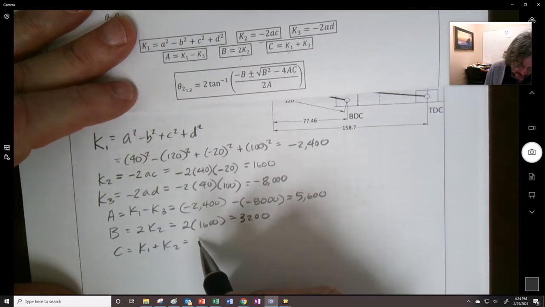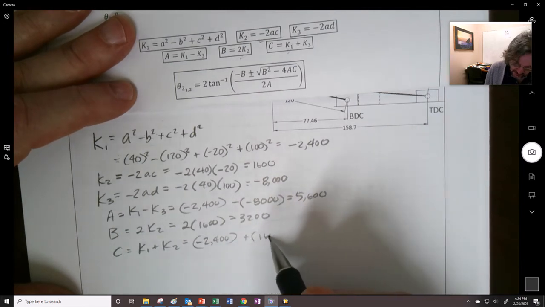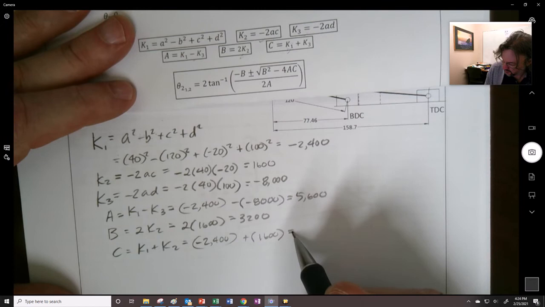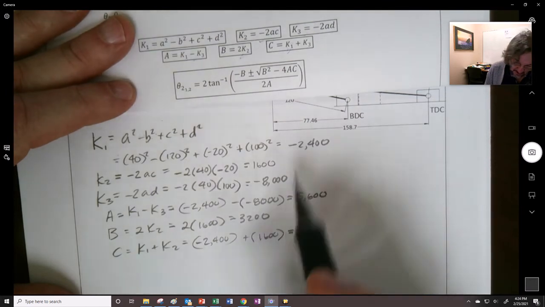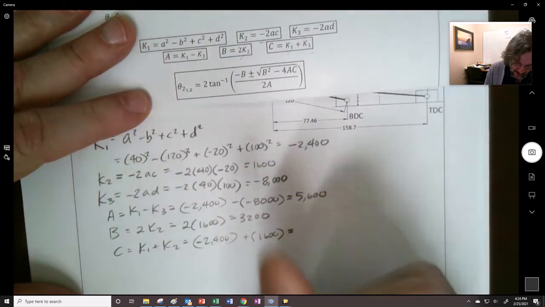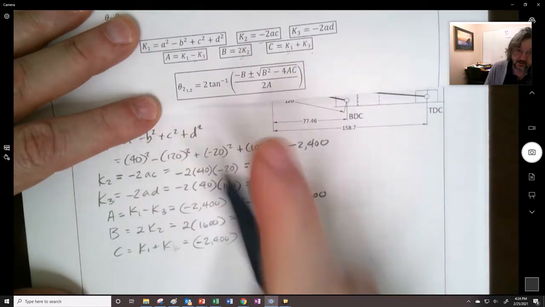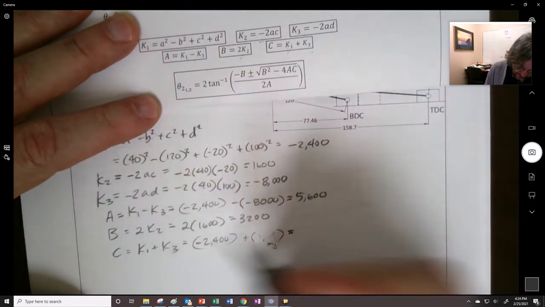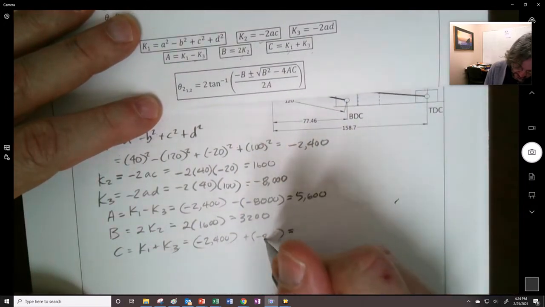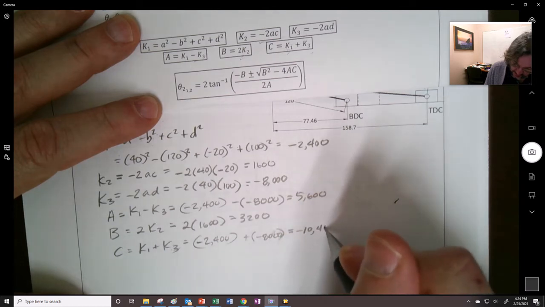So that's just going to be our negative 2,400 plus our... did I do this wrong? One second. Okay, I wrote that wrong. It should be K3. So that's a negative 8,000. So I get a negative 10,400.